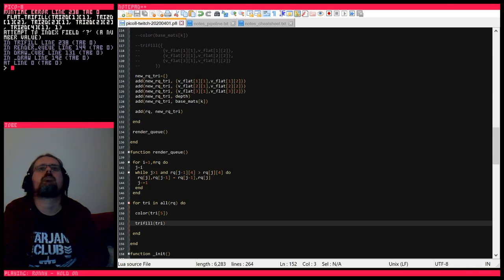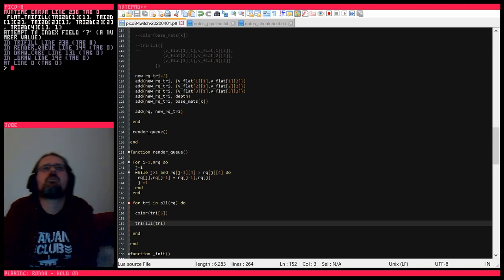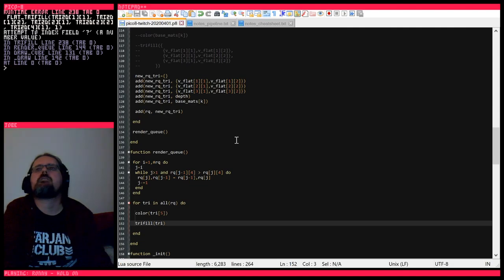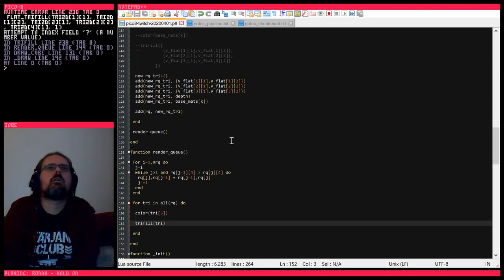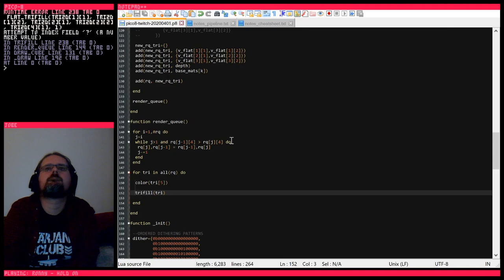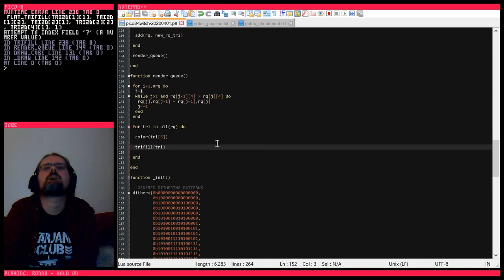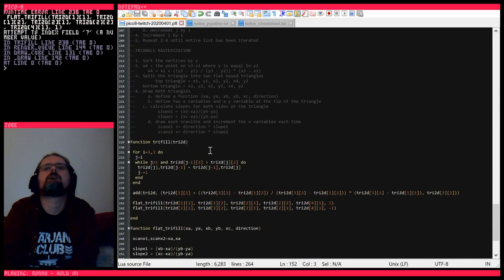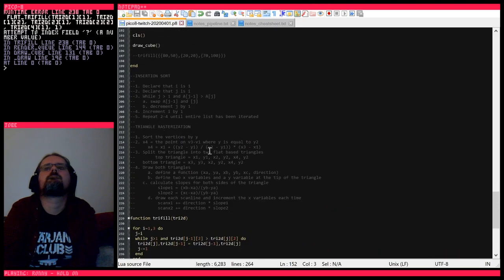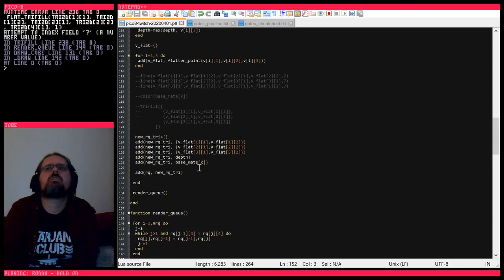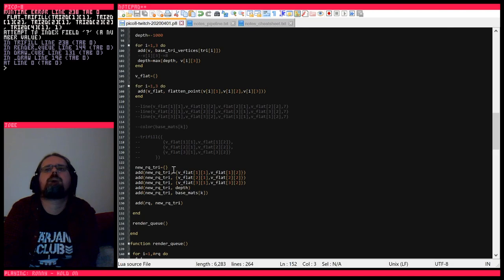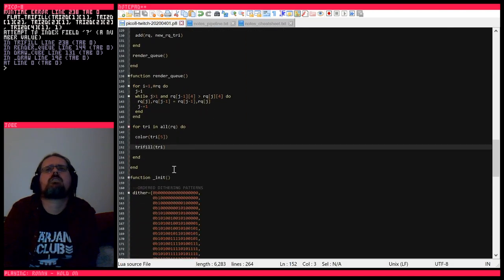Attempting to index field. Okay, so we did something wrong again. Let's see now. Oh, did we actually? Yes, we did flatten the points, so what is actually wrong here?